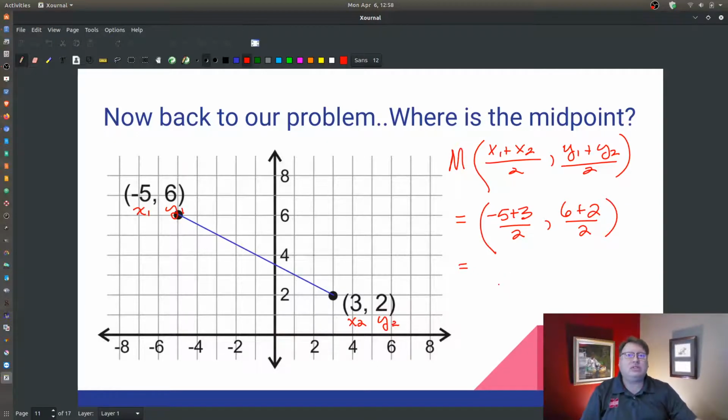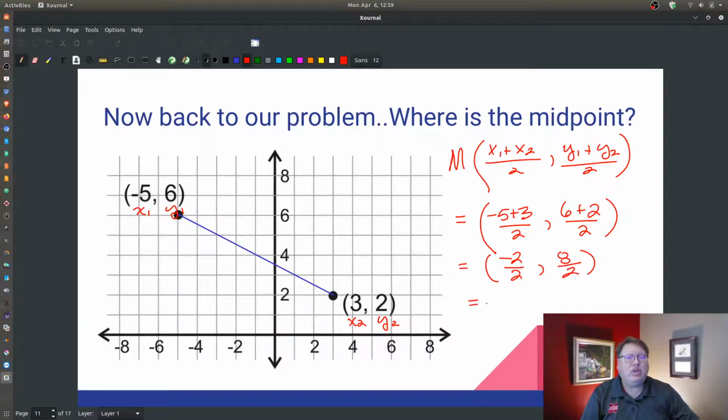So now it's just a matter of simplifying. We're going to take -5 plus 3 is -2. Remember, if we're adding unlike signs, we take the difference of the numbers and give it the sign of the larger number. So 5 minus 3 is 2, and give it the sign of negative, which is on the 5. So that's -2 over 2. 6 plus 2 is 8 over 2.